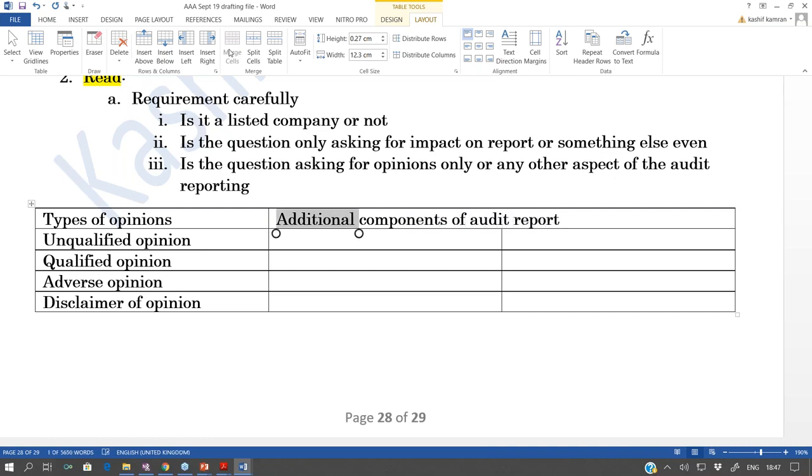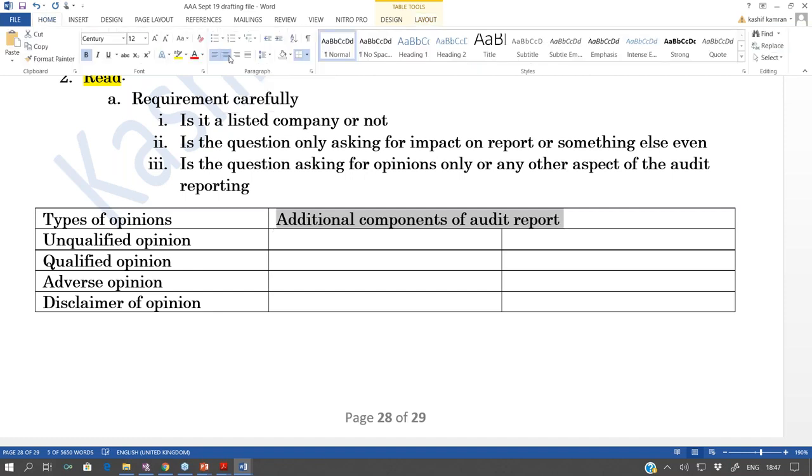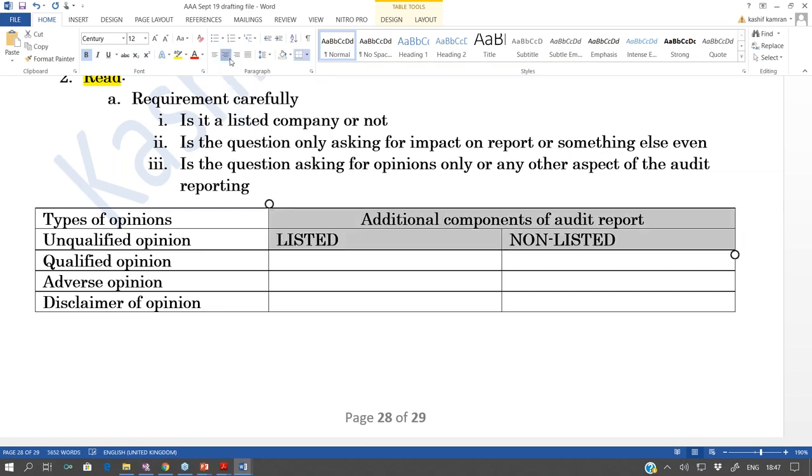Now, when you look at the additional components of the audit report, for that you need to bifurcate reports into two parts: one for listed company and one for non-listed company. I didn't do this bifurcation for types of opinion, because types of opinions are for both, but I'm doing a bifurcation now on additional components because the examiner was saying you should read the requirement carefully whether it is a listed company.